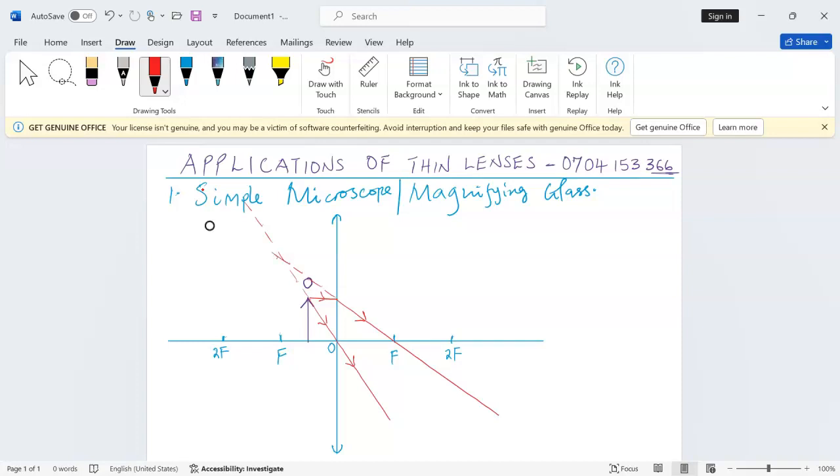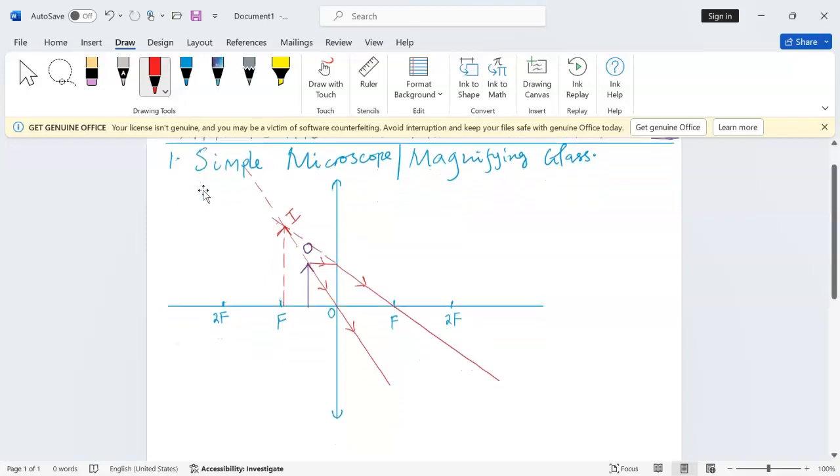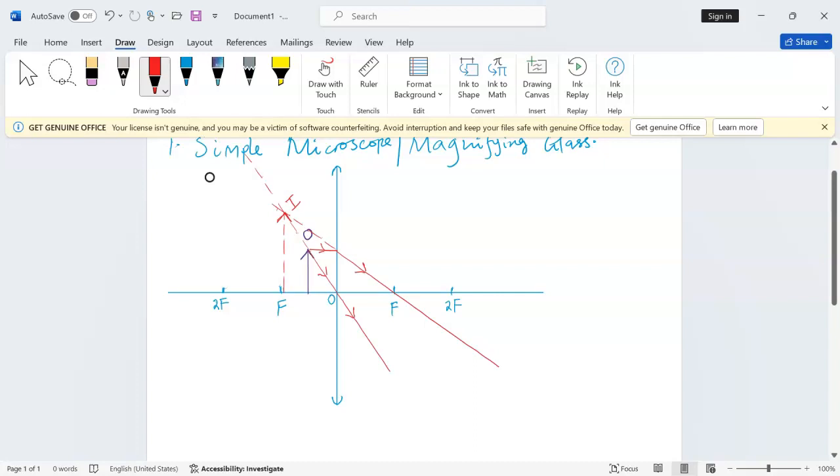So now the rays are intersecting somewhere here, and we will have an upright magnified image, which is virtual. So this is the image, virtual on the same side as the object, and it's upright and magnified.